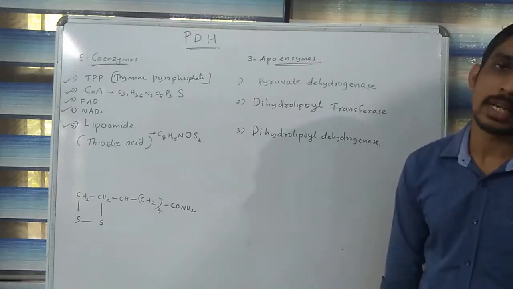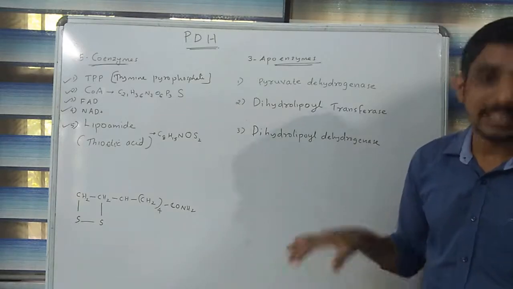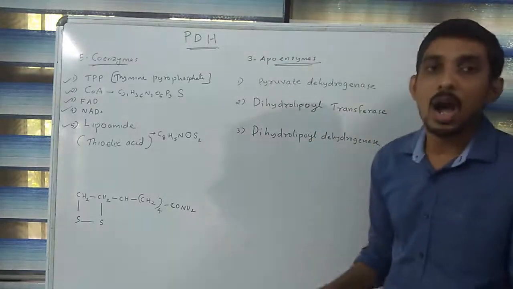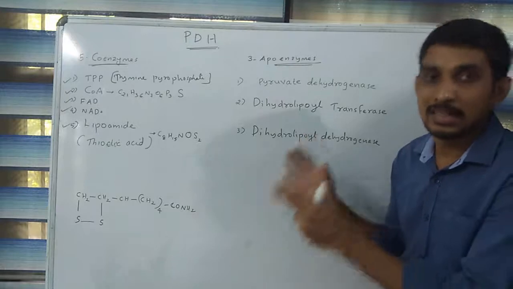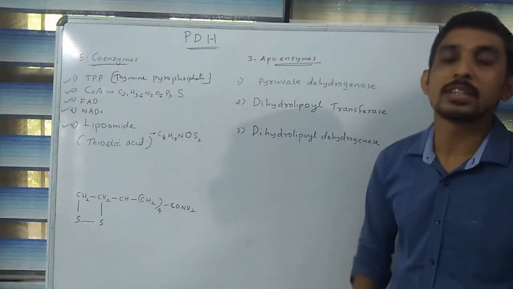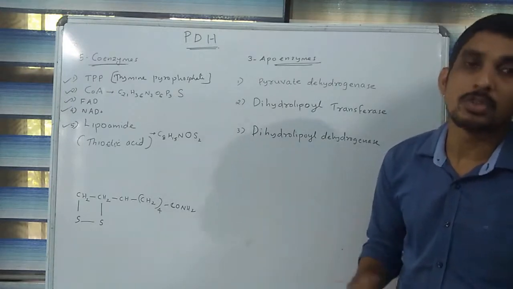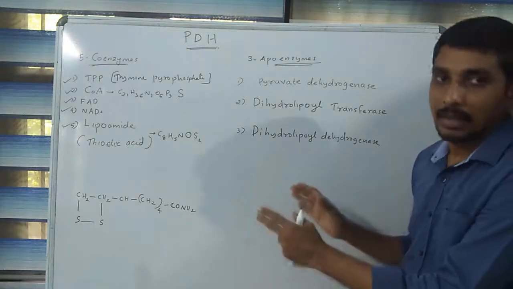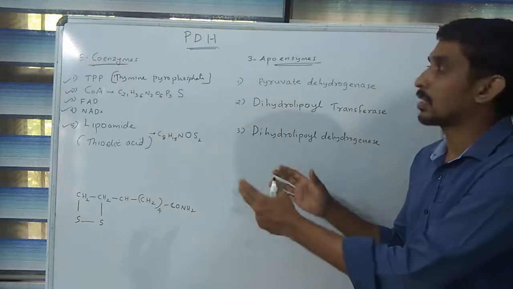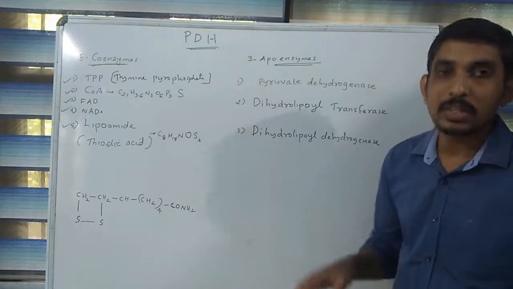of carbon dioxide and by reducing 2 molecules of NAD. So this is about these enzymes. Now we need to study how this enzyme complex converts 2 molecules of pyruvic acid into 2 molecules of acetyl coenzyme A. So it is better to draw a diagram or a pathway in order to understand the mechanism of converting pyruvic acid into acetyl coenzyme A within the mitochondrial matrix.